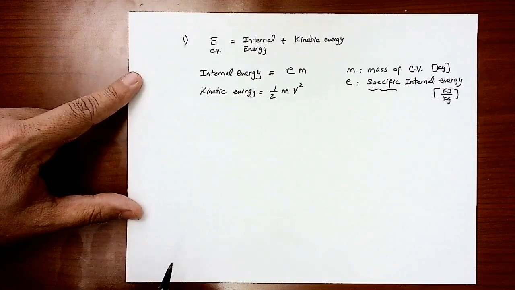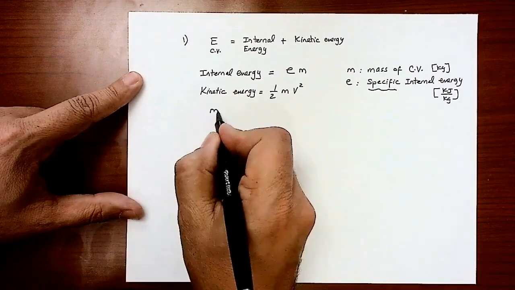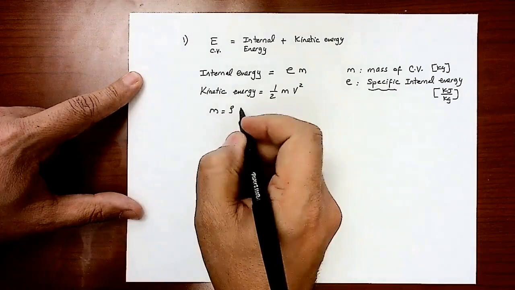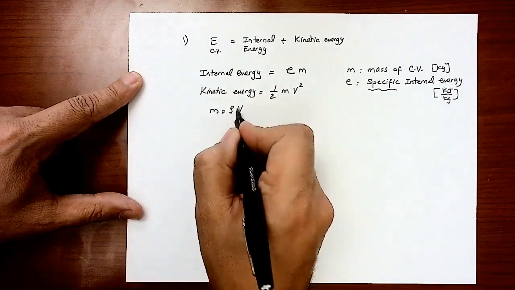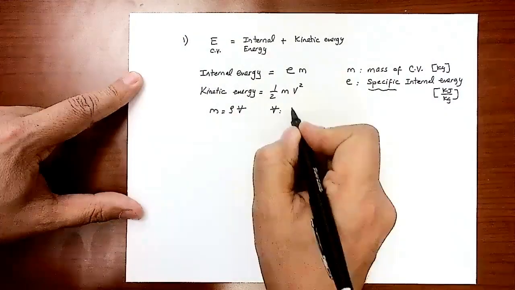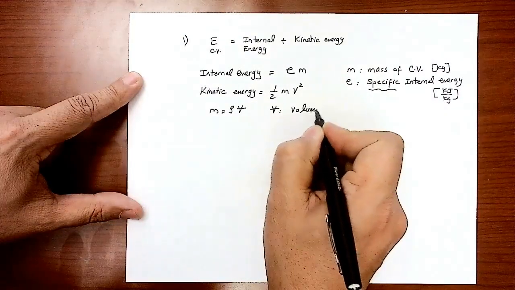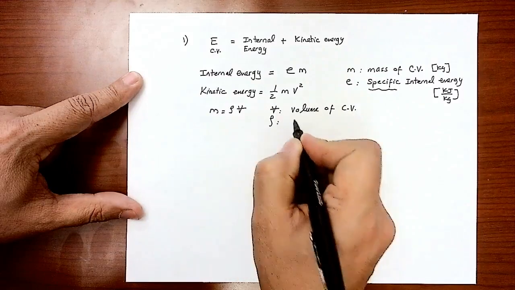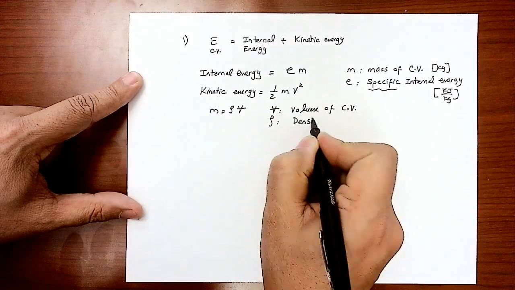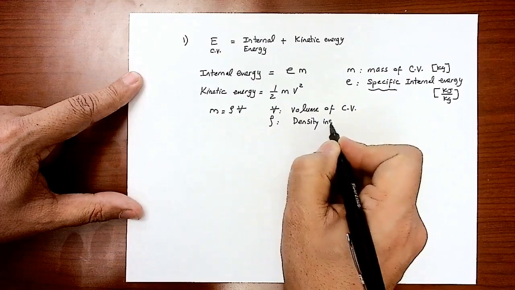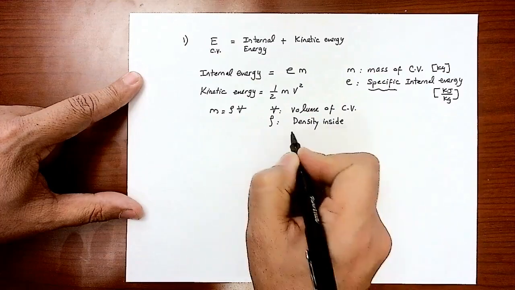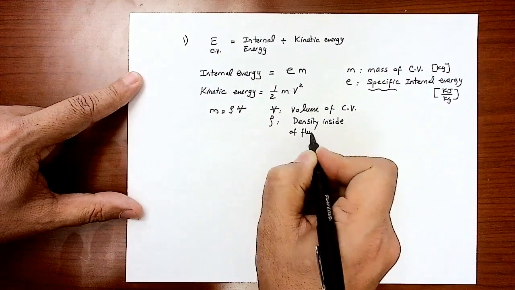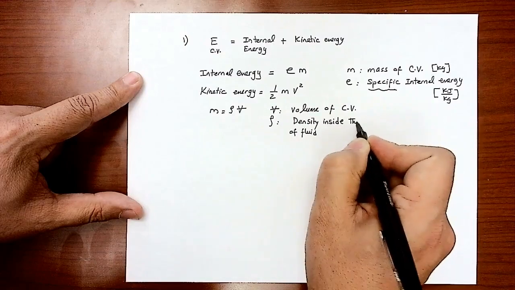So I can replace the mass by multiplying rho times V, where V is the volume of the control volume, and rho is the density of fluid inside the control volume.